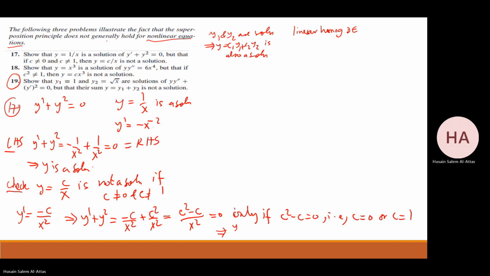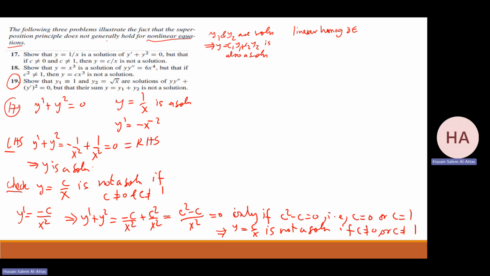So y equals c over x is not a solution if c not equal to 0 and c not equal to 1, because it's a solution only if c equals 0 or c equals 1.